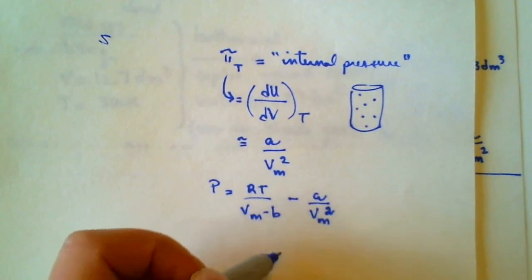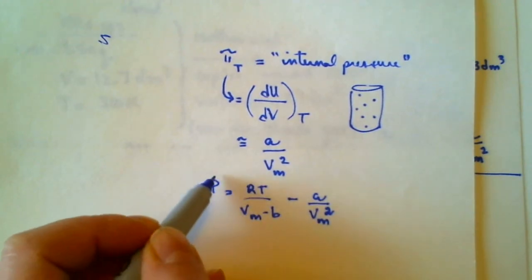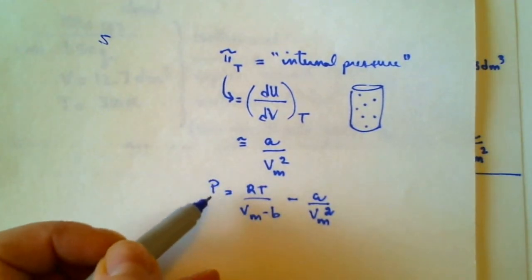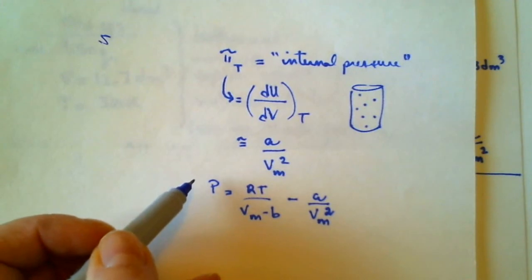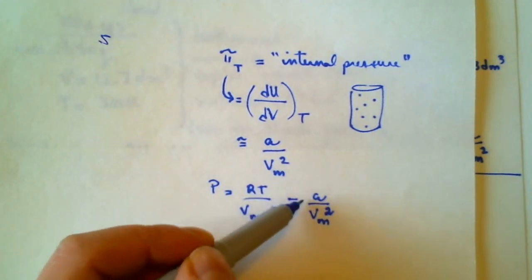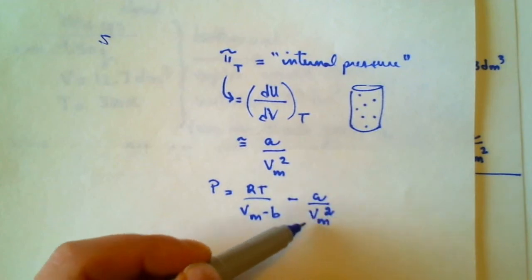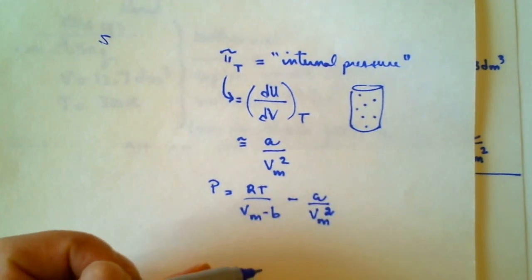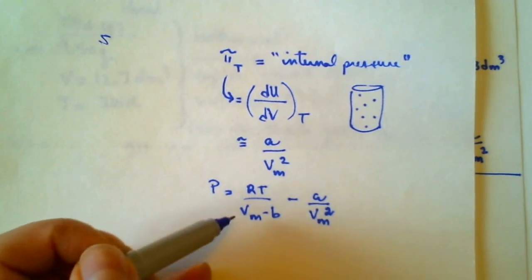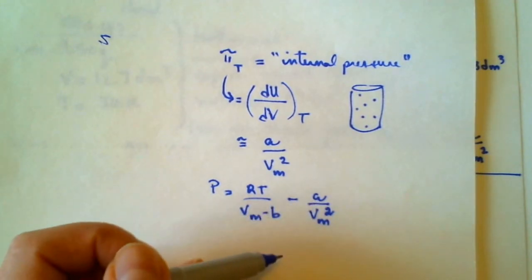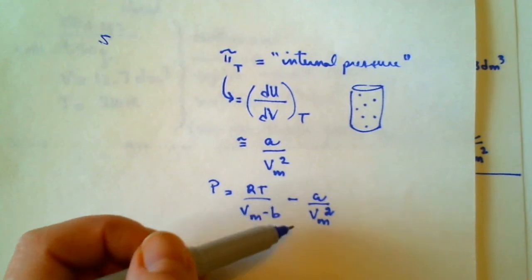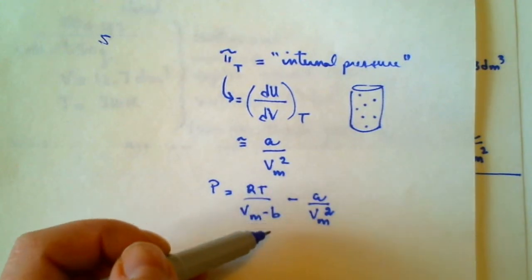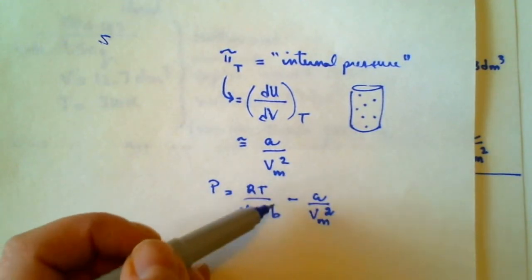So the pressure might be a little bit less than observed if these gas particles have attractive forces on each other. And so we see that this little term here is taking away from that which otherwise would be predicted, or modified slightly, but not completely, to account for these attractive forces on the pressure.